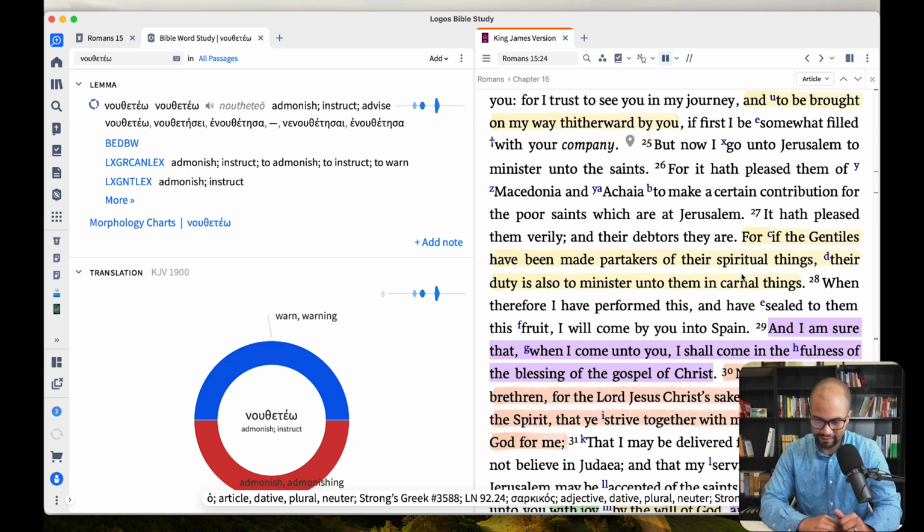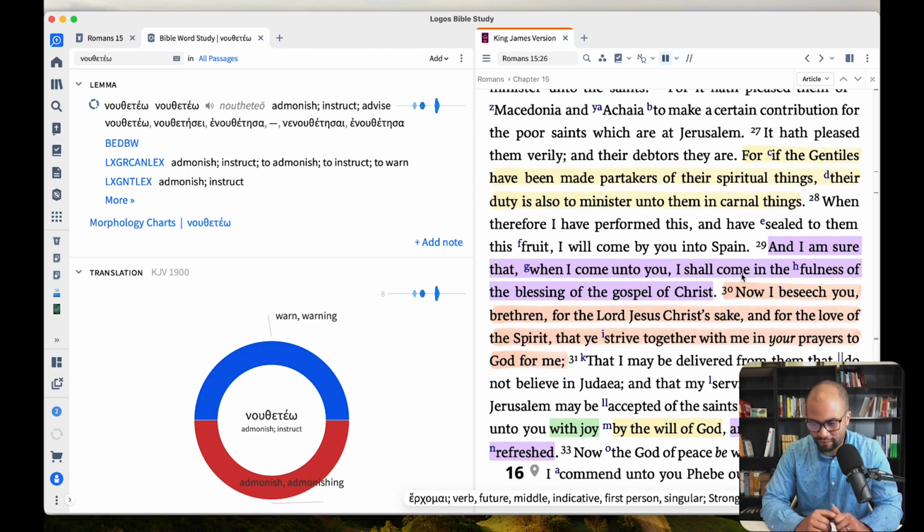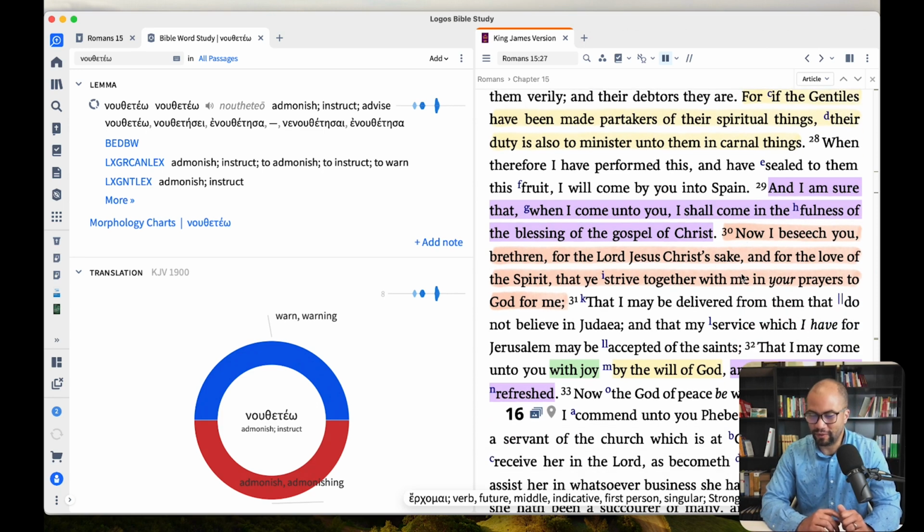And it says, when therefore I have performed this and have sealed to them this fruit, I will come by you into Spain. And I am sure that when I come unto you, I shall come in the fullness of the blessing of the gospel of Christ.